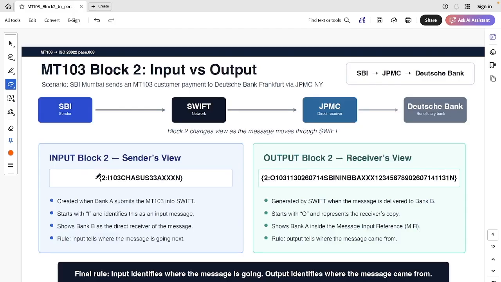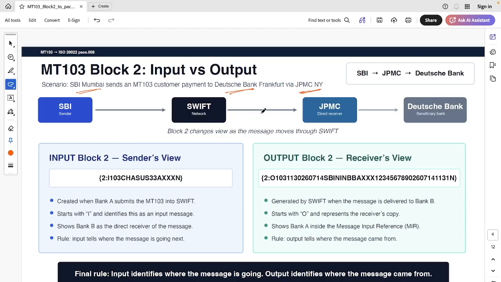Suppose State Bank of India Mumbai branch is sending an MT103 customer payment to Dowsy Bank. However, SBI does not send the MT103 directly to Dowsy Bank. The payment message is routed through JP Morgan in New York.